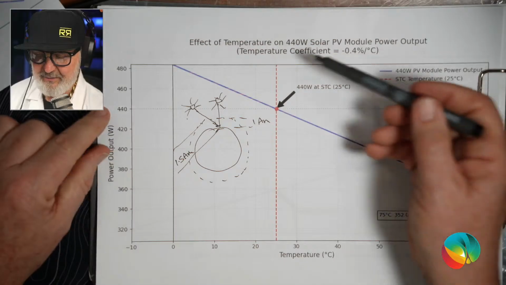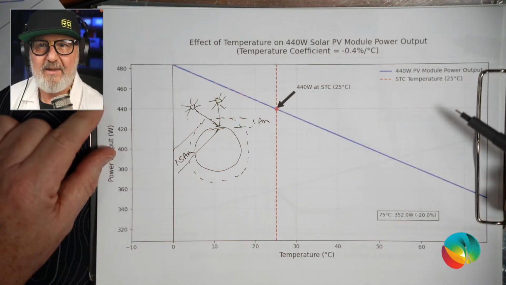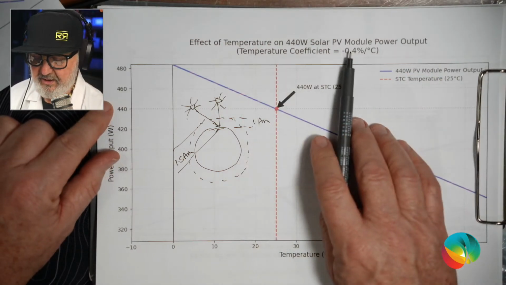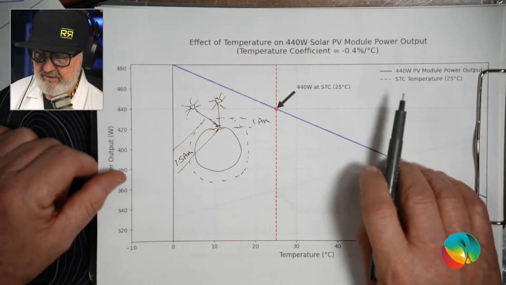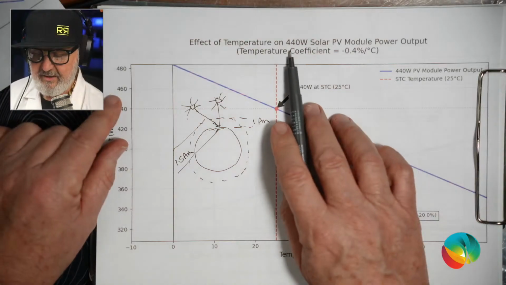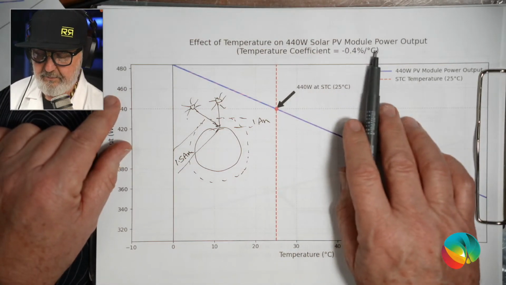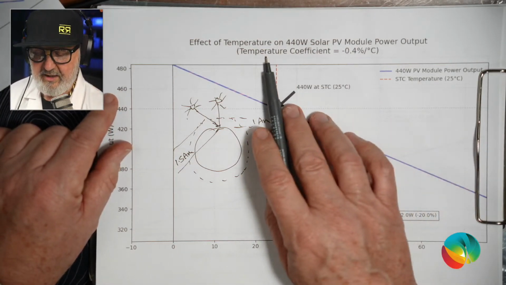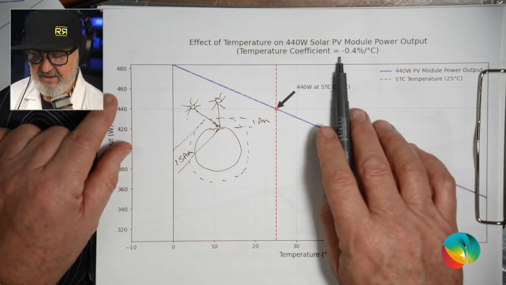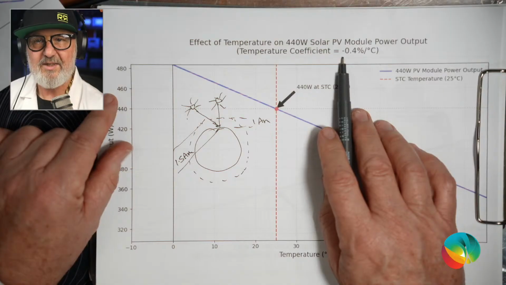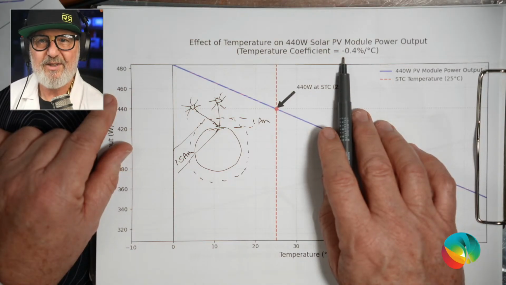So what am I telling you about this 440 watt module? Well, it's open circuit voltage, power output, oh, I've got the wrong table here. But anyway, this will do, because I'm going to go through a few of them. You might think you've got a 440 watt module, but actually it's got a temperature coefficient for power. Now, that means it's a negative coefficient. That means as temperature increases, power decreases.